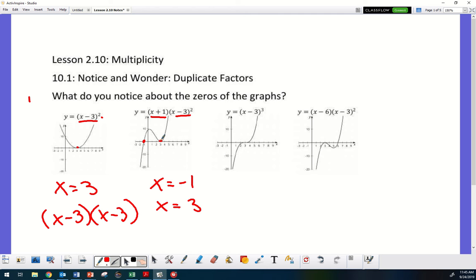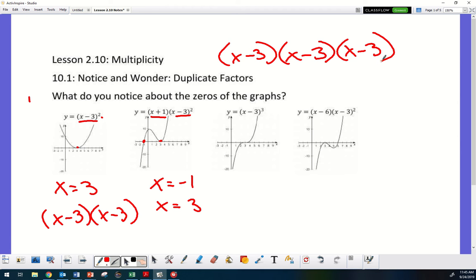Now, this one is x minus 3 to the 3rd power. Okay? So this is going to be x minus 3, x minus 3, x minus 3. That's what it means to the 3rd power.